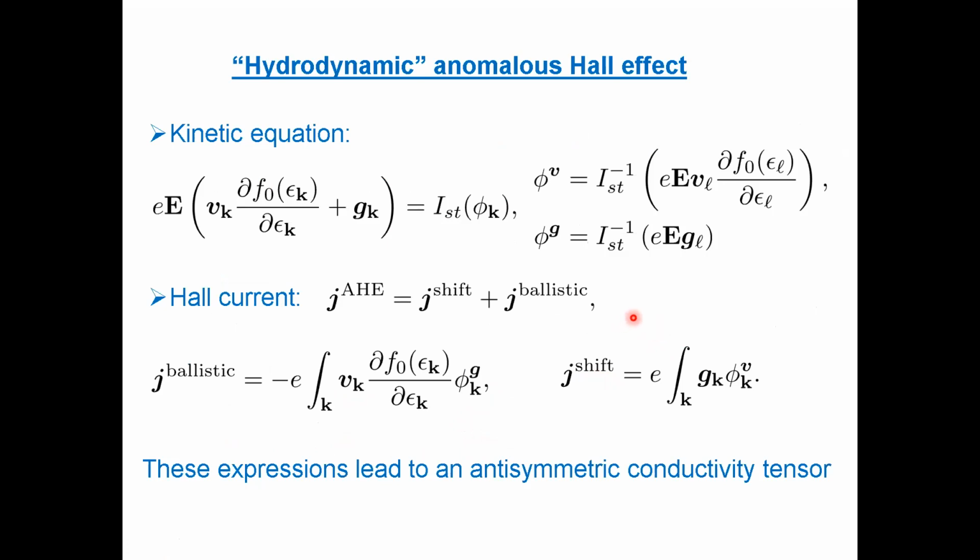I will not go over details of the procedure, but essentially when you take both of these effects into account, you end up with a conductivity tensor that is anti-symmetric in its indices. So we're really dealing with Hall effects. These shifts contribute to the anomalous Hall effect in the hydrodynamic regime, when electrons are not colliding with impurities, but are colliding with each other.